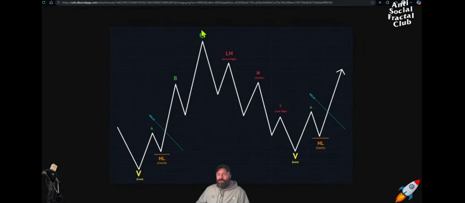Your C macro iteration pulls you back to a point of accumulation again at V. Your higher low is your change of trend. And then at that breakout is your fractal break, where it starts over again. Doesn't matter what ticker you're looking at, this is the basic structure of every ticker in the market. Every ticker.